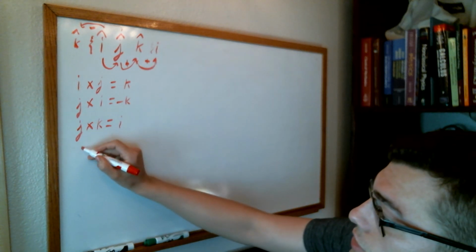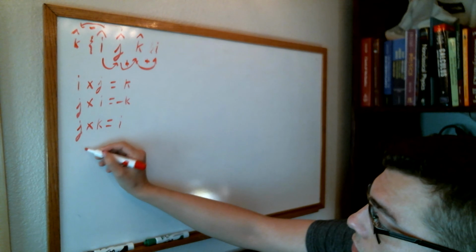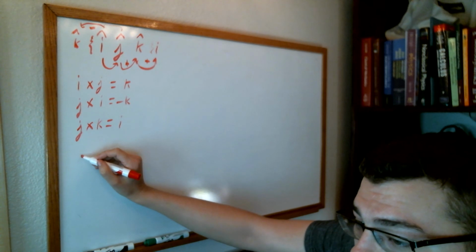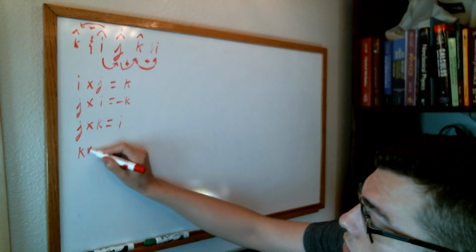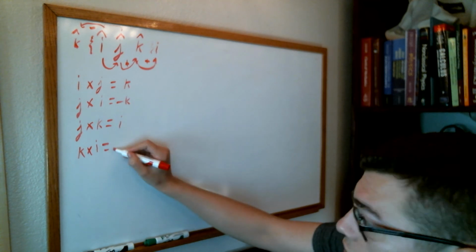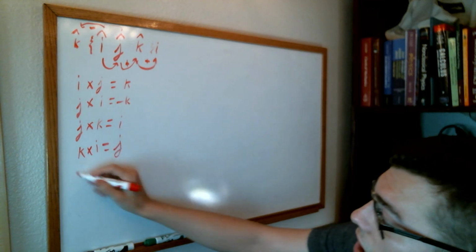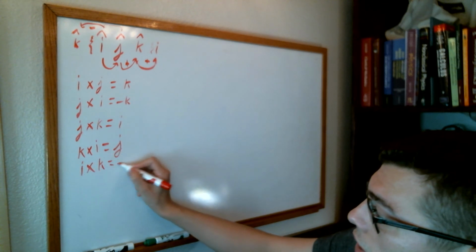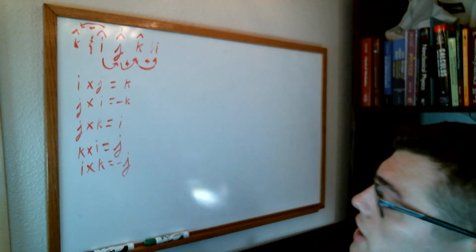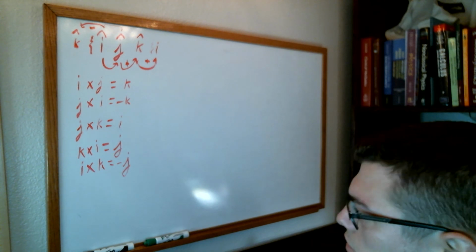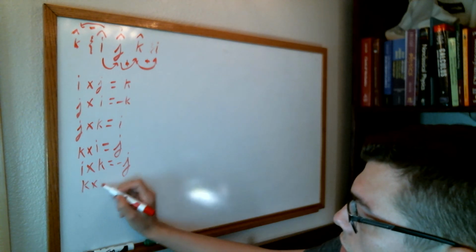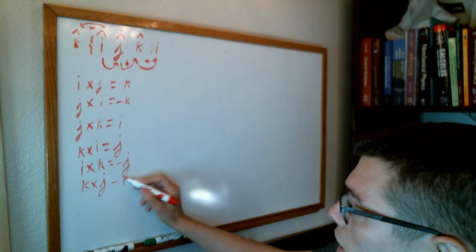Let's do I and K. If we do K cross I, we will get J, and if we do I cross K, we'll get negative J. The last one should be K cross J, and that'll give you a negative I.